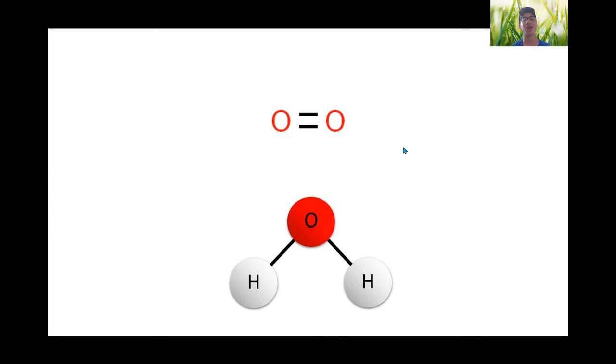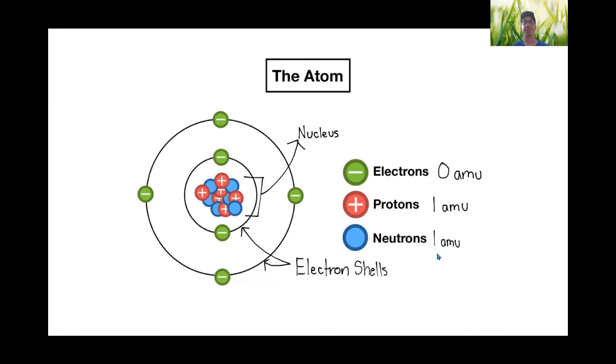Now, I'm sure you heard me repeat the word bond a bunch of times in the last minute or so, and that's because the formation of chemical bonds is what leads to the formation of both molecules and compounds. For me to elaborate on that, we first have to head over to the atom structure diagram that I showed you in part one. In part one, I explained what electrons, protons, and neutrons were.